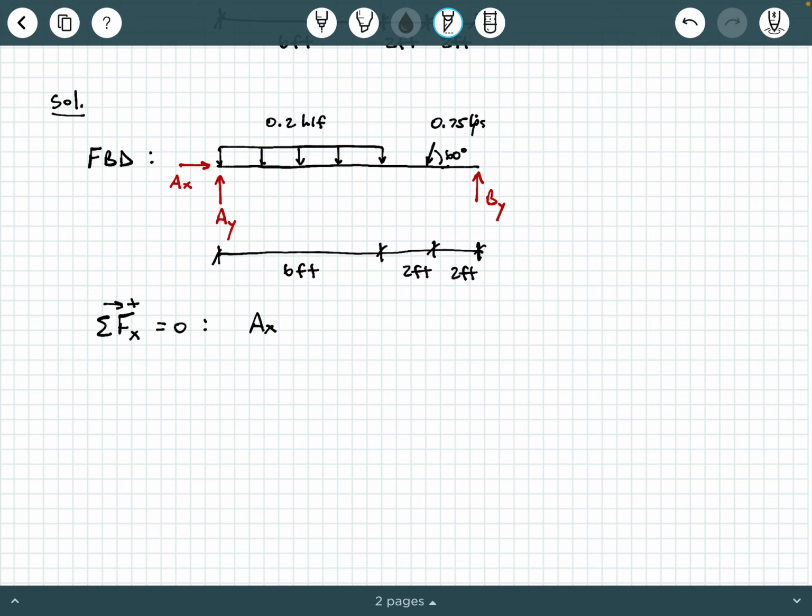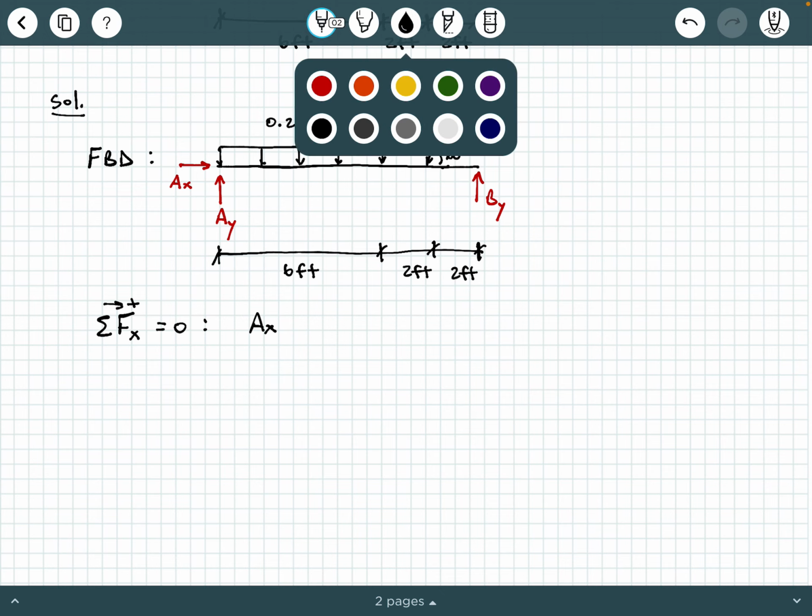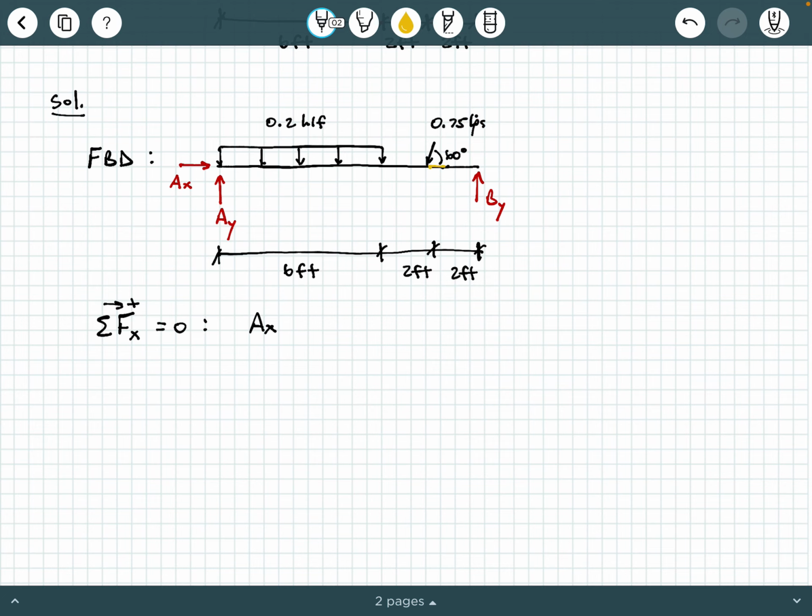But what about this 0.75 kips? Notice it's at an angle, and because it's at an angle, it has an x component, and specifically, it has an x component that is pointing to the left. So I'll draw a really small x component pointing to the left there that represents the x component of that 0.75 kips.